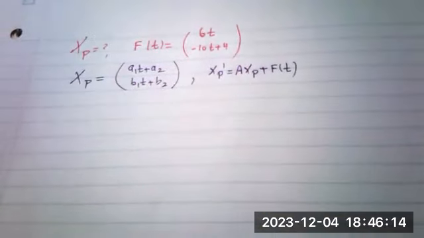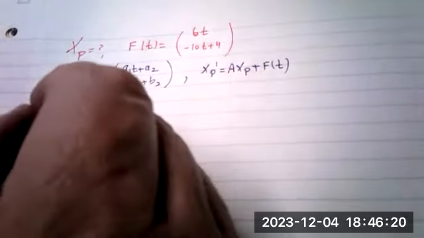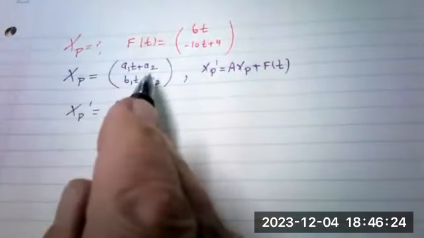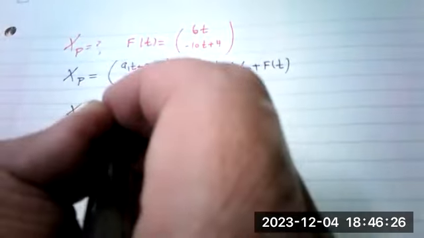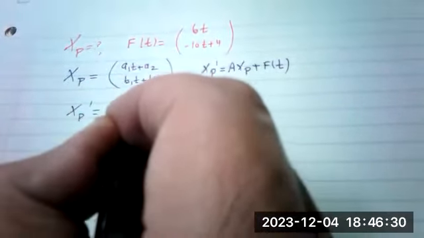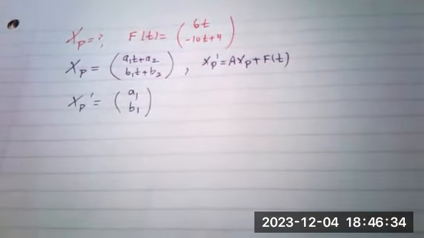You get your unknown. So we differentiate it by differentiating the entries. If we differentiate the first one, the derivative would be a1. Differentiate the second one is going to be b1. That's going to be your x prime of p.